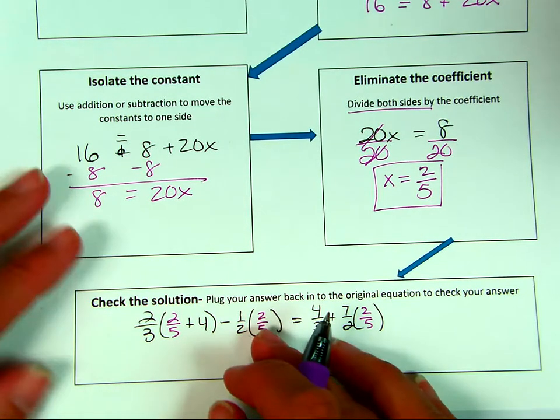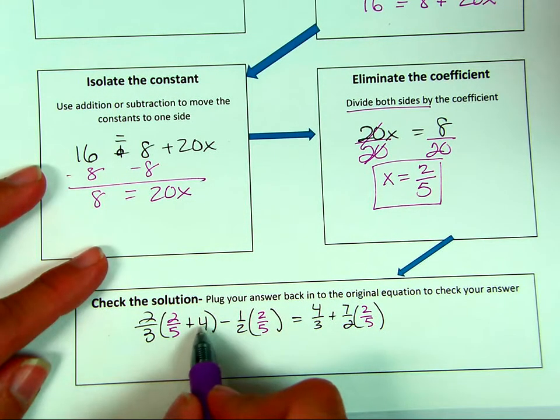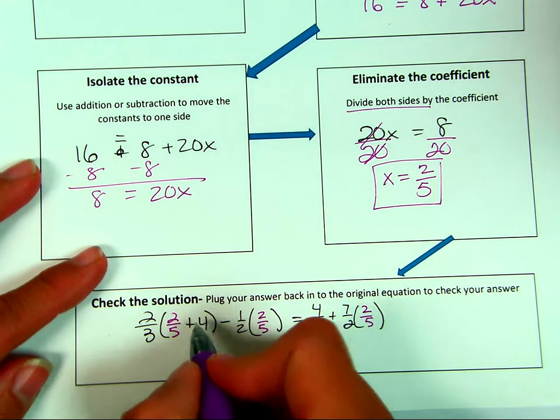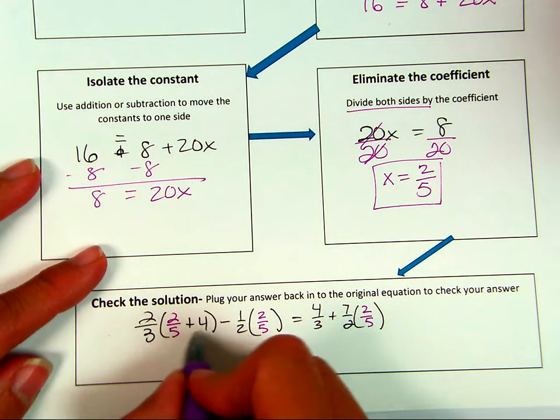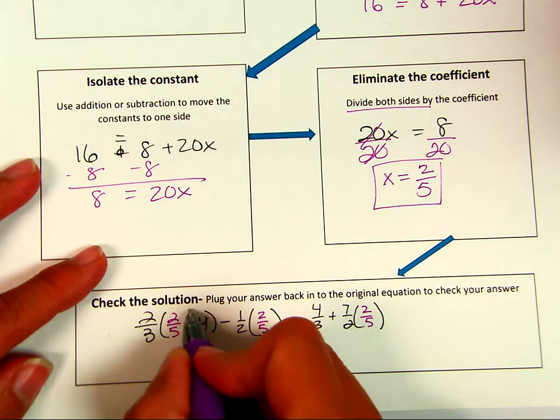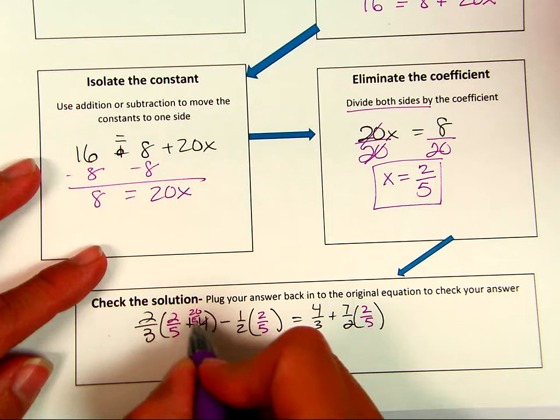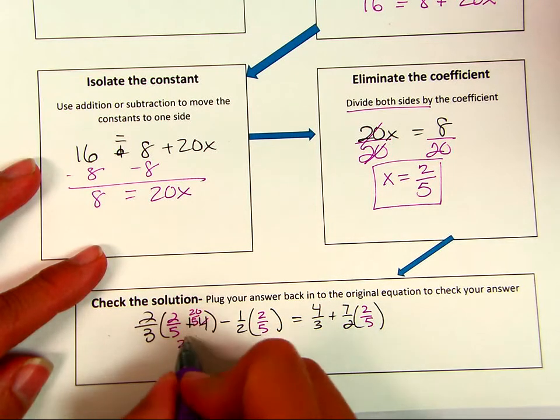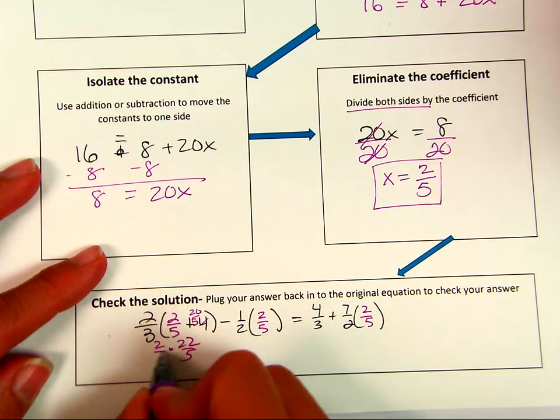When I do 2/5 plus 4, I can't add without a common denominator. I get 4 and 2/5, but I need to change that to an improper fraction. So you can do 22/5, or you could have changed this to 20/5, right? And then we get 22/5 here, times 2/3. So that's that.